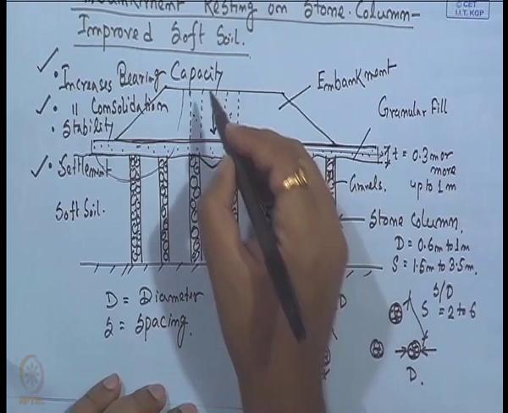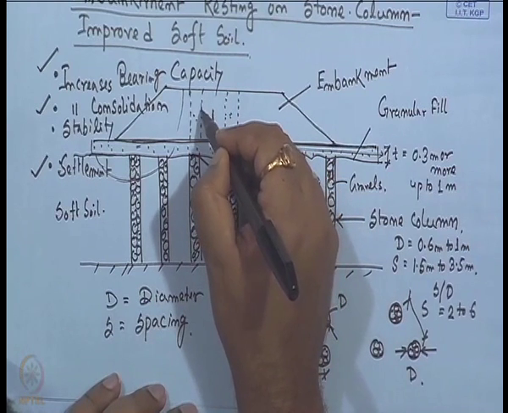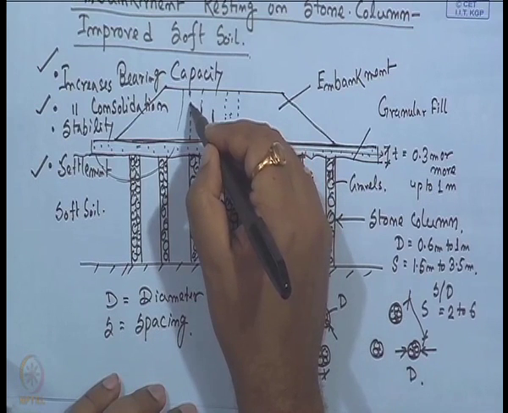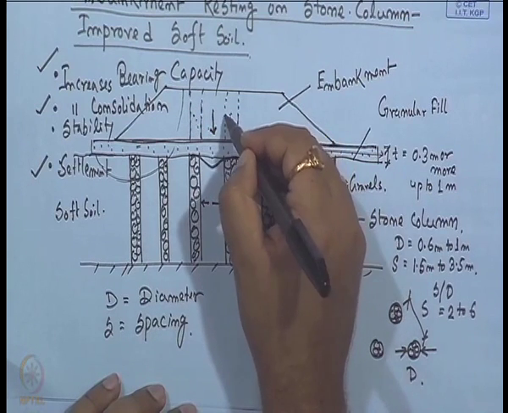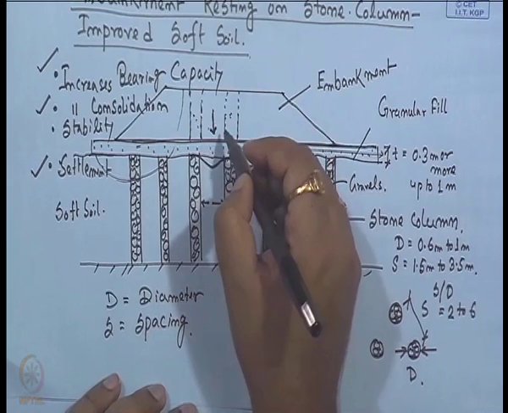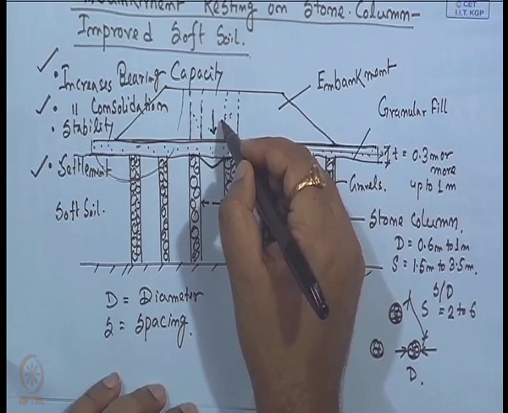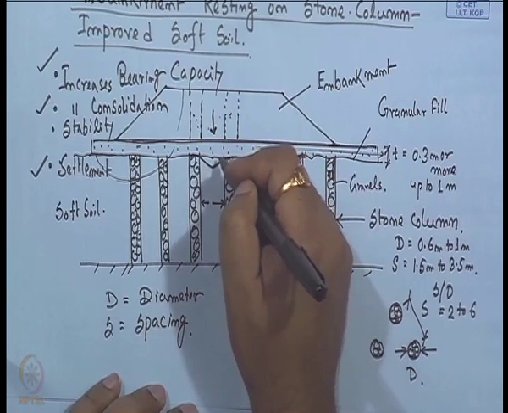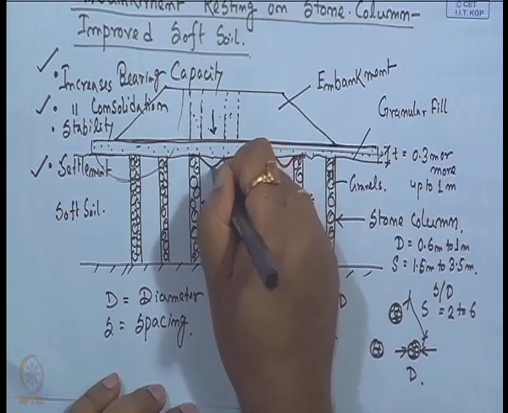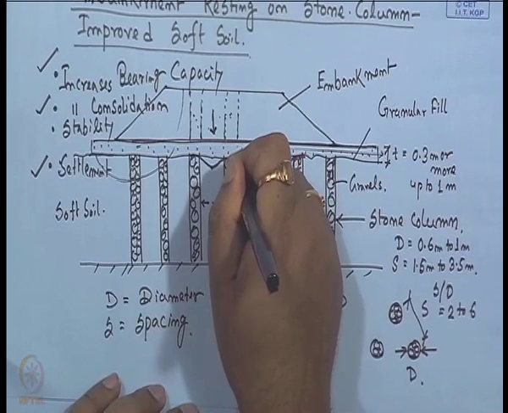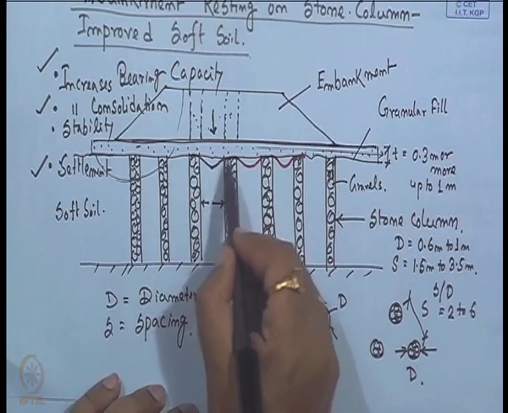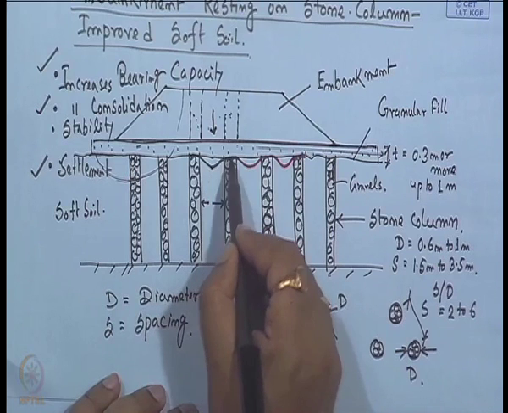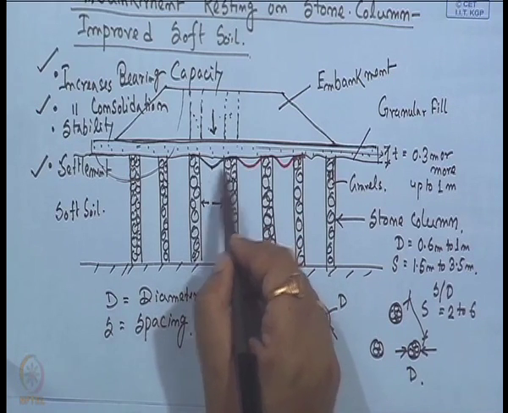So, what will happen at that interface? This is the interface of one zone and another zone, and this is another interface. At this interface there will be shear, and this shear is because of the differential settlement. Differential settlement means the difference of the settlement between this point and this point, that is, the top of the column and the center between these two columns.